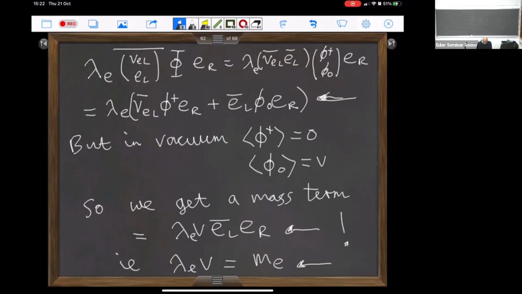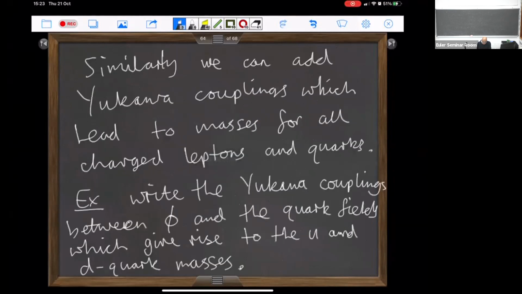Yeah. So we have this beautiful fact that without the Higgs field, the fermions and gauge bosons have 0 mass, but in the vacuum, the mass terms naturally arise from gauge invariant operators. And this is true for all of the leptons and quarks.